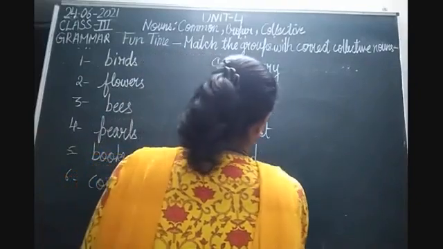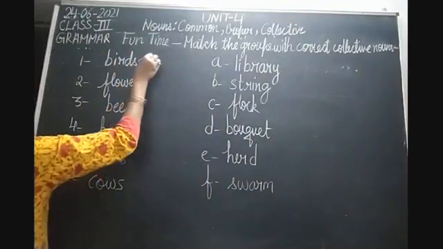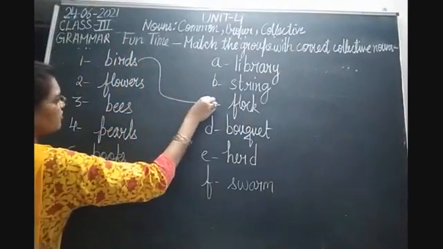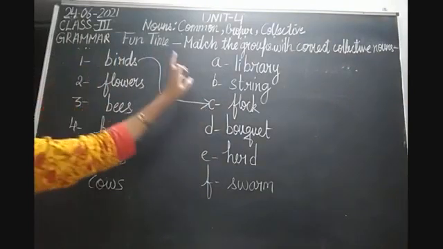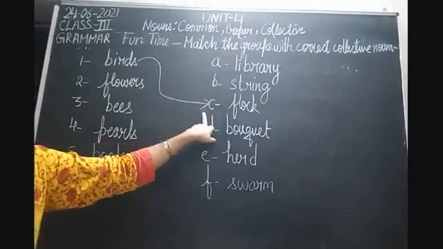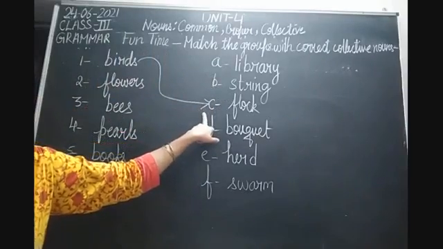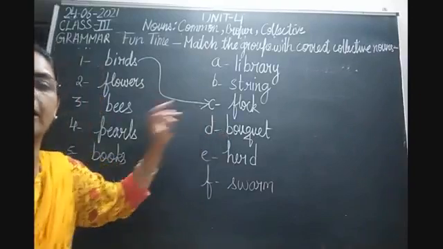Fine. So let's match. Birds, a flock of birds. So everybody match the picture of birds with the collective noun flock. A flock of birds. Birds का collective noun क्या है? Flock.